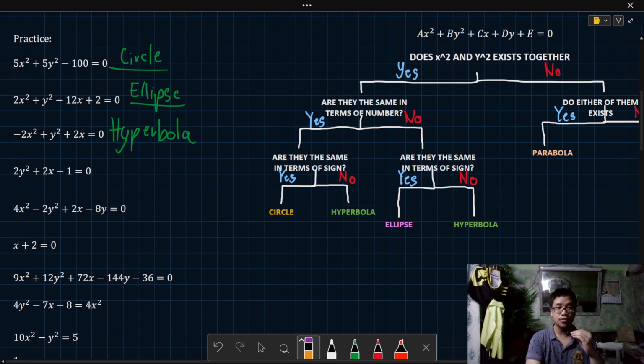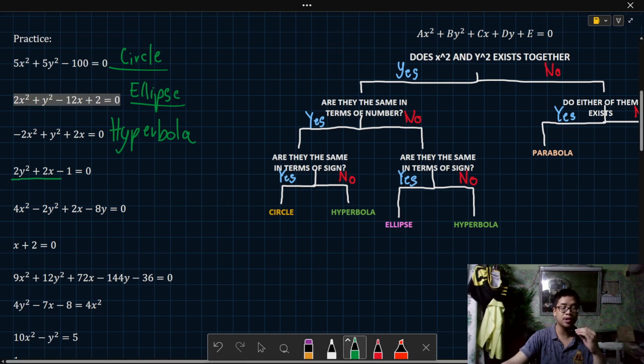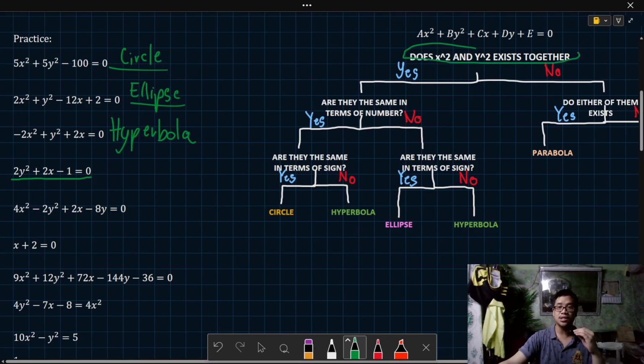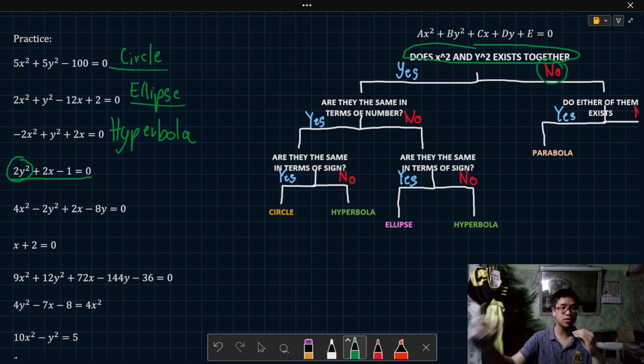So we have the next one: 2y squared plus 2x minus 1 is equal to 0. First question, do x squared and y squared exist together? We have y squared, but there is no x squared. So this leads us to the no option, they don't exist together.